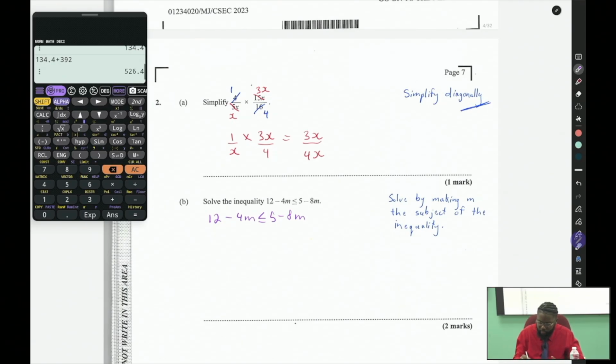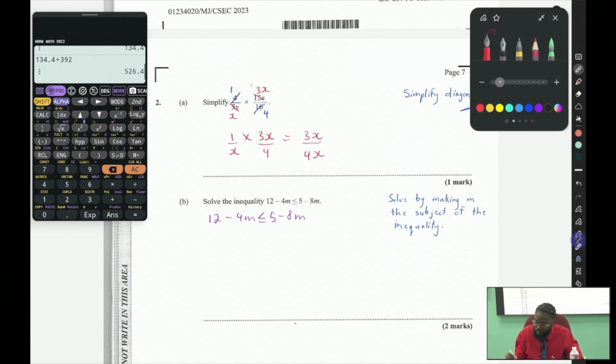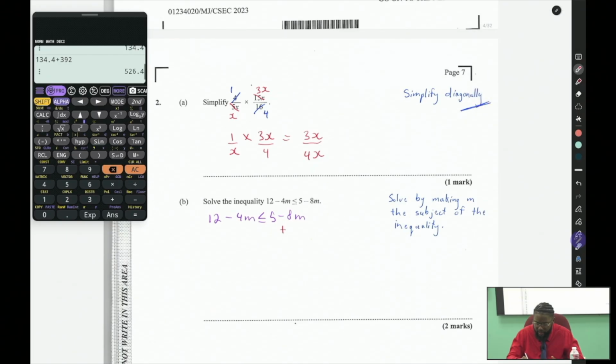So we're going to carry the m's on one side, and we're going to carry the constants on the other side. So we're going to move the 8m, and currently the 8m is negative. So to move it, we're going to have to use positive 8m on both sides.